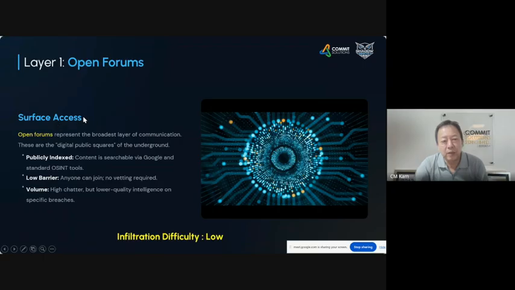Okay, let's go a bit into what I said earlier. The surface area is what everybody's very familiar with, right? It's publicly indexed, meaning the content can be searched via Google. If today you go to Google and try to search for leaked credentials, you'll probably find some organizations that offer that. But these are all leak databases, meaning the credentials are probably very old and have very little value, right?